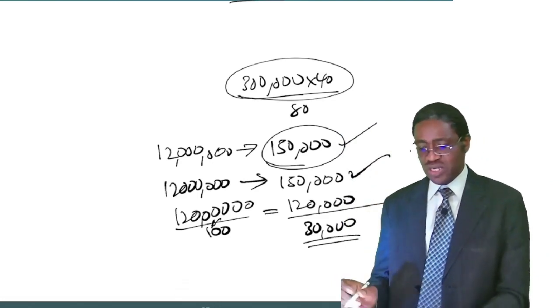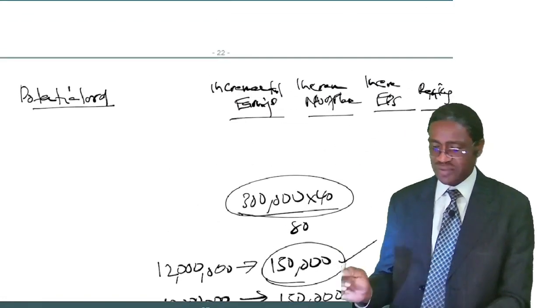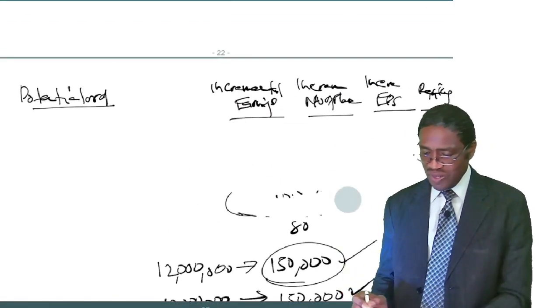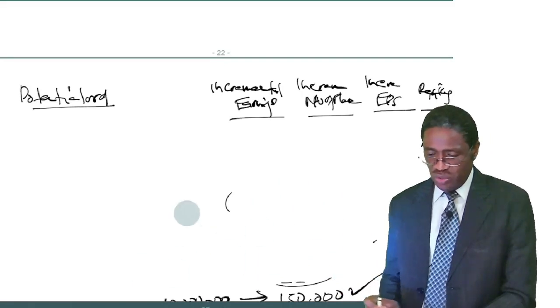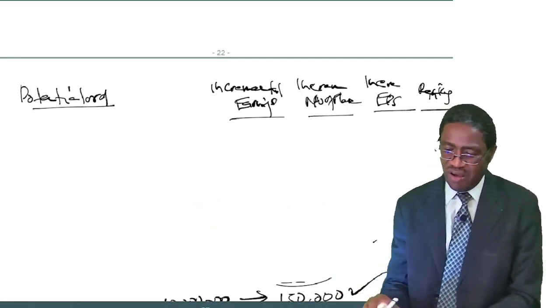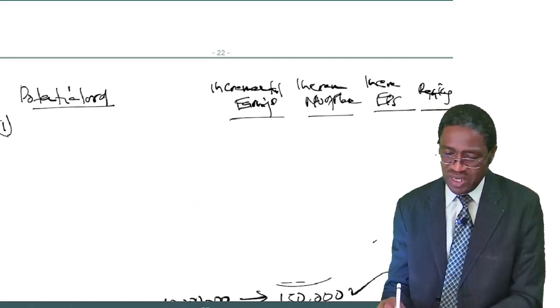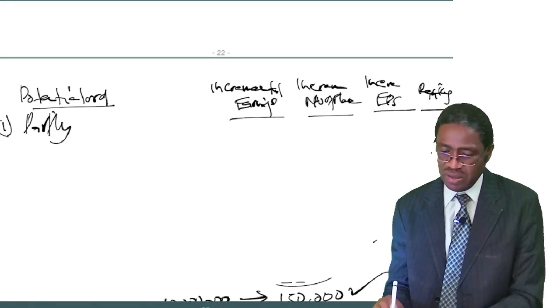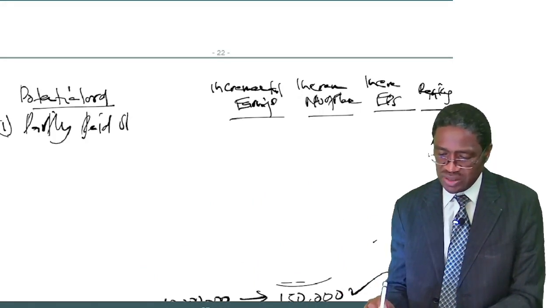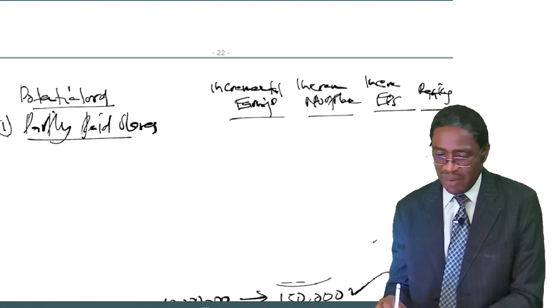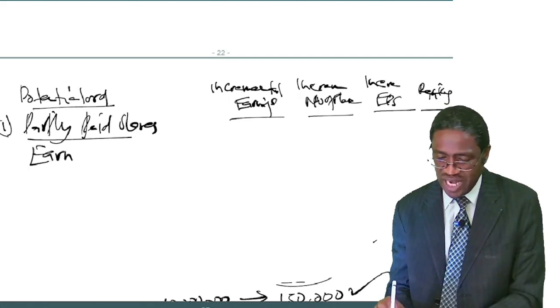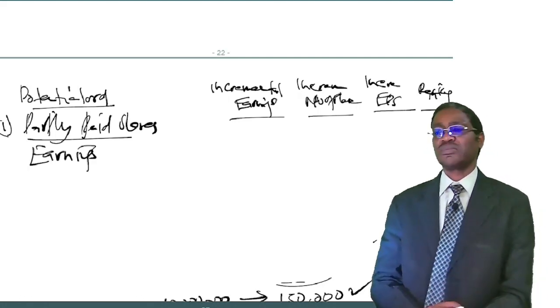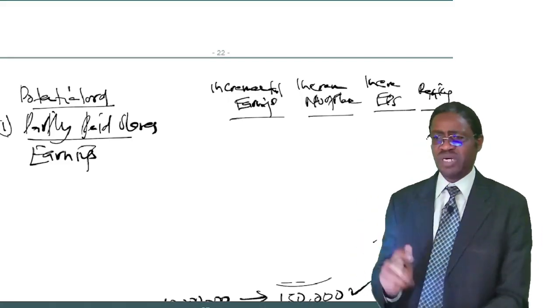So let's go back to our table here now. We come to number 1, and our first potential ordinary share is what we are calling partly paid shares. We ask ourselves, what effect does it have on the earnings? I do hope you remember.